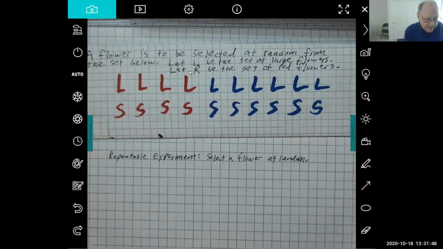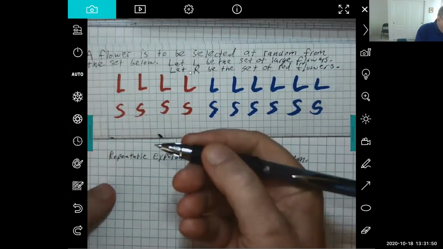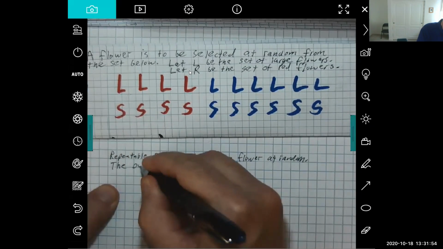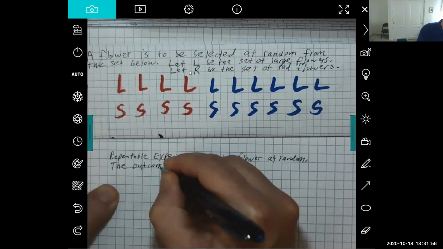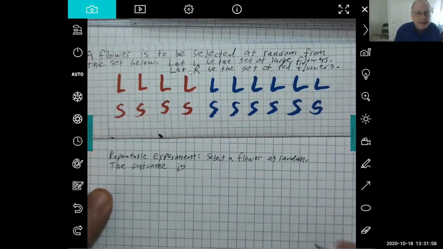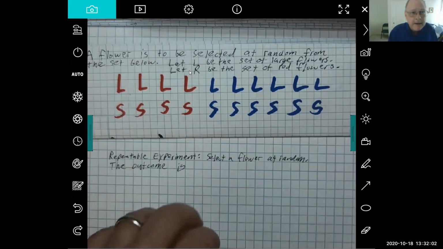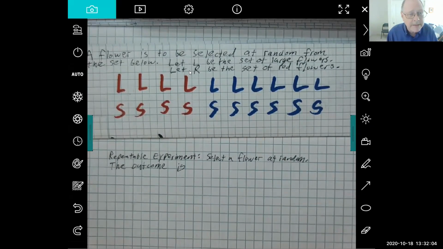Okay, and then what is an outcome? It's the flower that you get. Not the color of the flower, not the size of the flower, not the type of the flower, it's the flower.